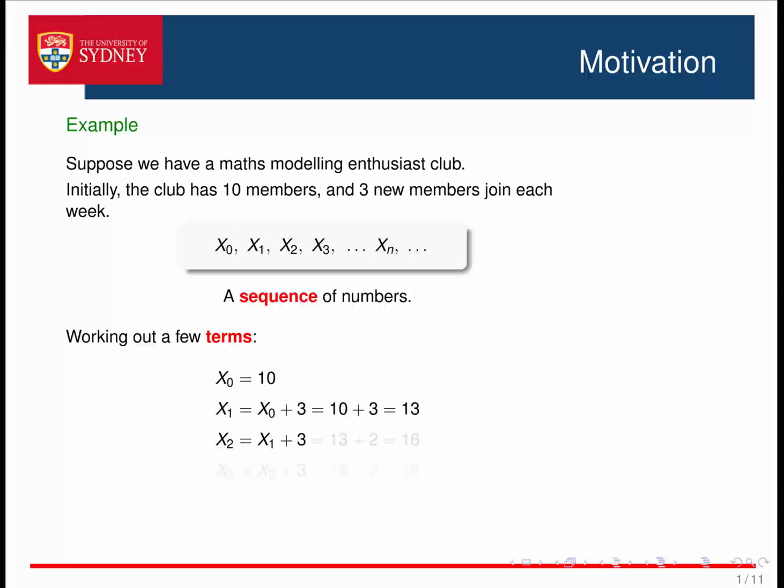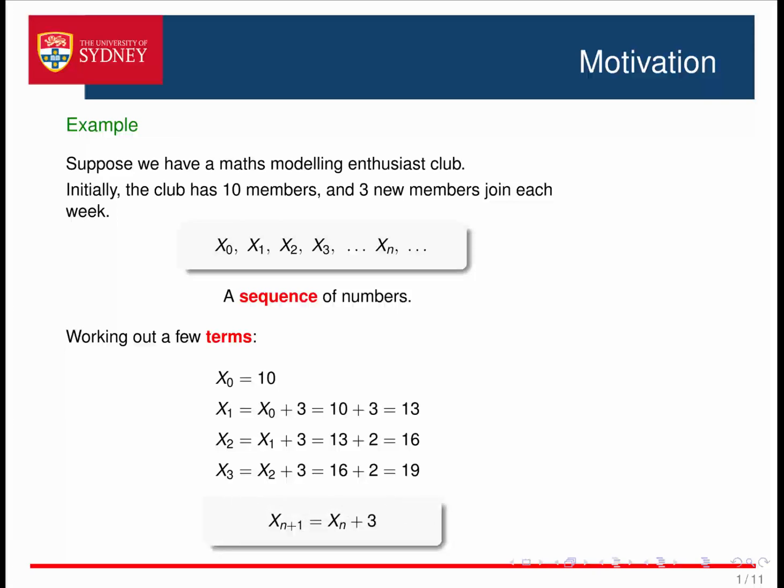Hence x2 is equal to x1 plus 3, which is 13 plus 3, which is equal to 16. And after another week, there will be another 3 members. That is, x3 is equal to x2 plus 3, which is equal to 16 plus 3, which is 19, and so on.